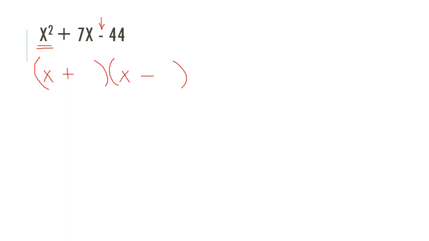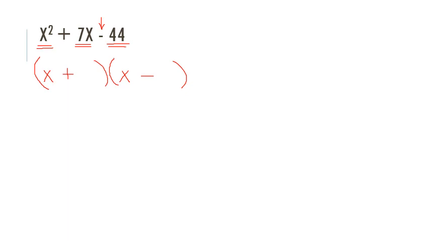The next step is to find any factors that will multiply together to make 44. And I want them to be able to add together to make 7. Because remember, when we do FOIL, we do the outside terms, then the inside terms, and combine those 2 terms to make that middle term. So I know that eventually they're going to have to add together to make 7.